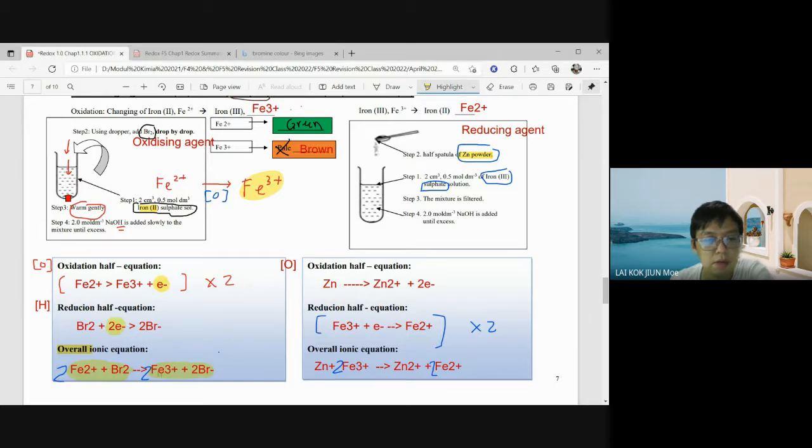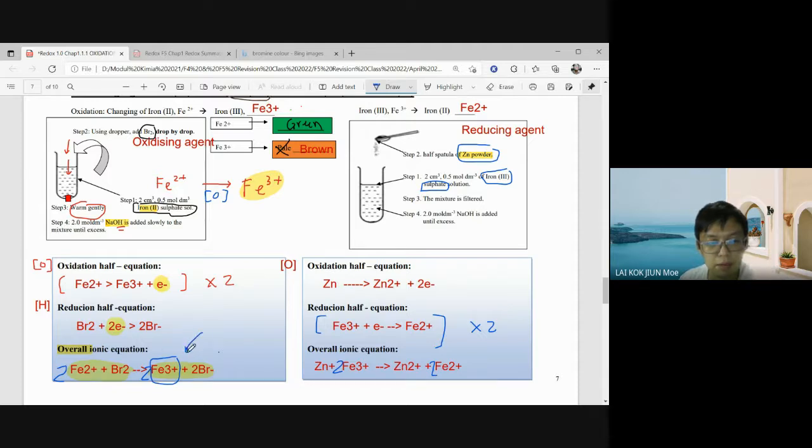Okay, for this one, Fe3 plus and, okay, they will turn color, because we are putting this NaOH. You see, we are testing the color. When you put the NaOH, automatically you will find the brown color will form. This is a test for Fe3 plus.